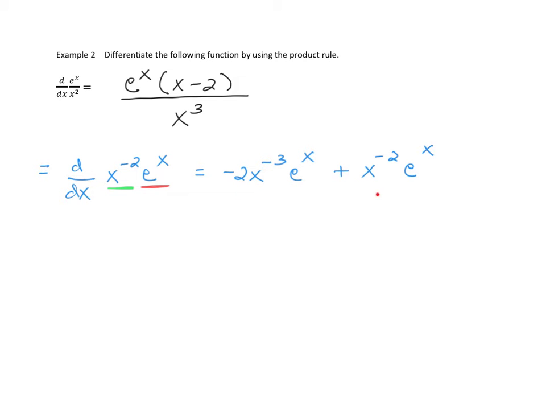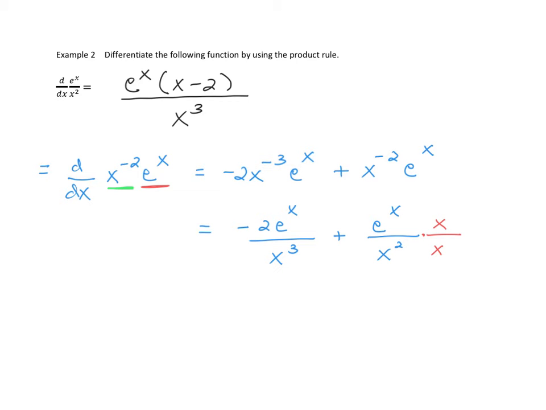The way I'll do that is by getting rid of these negative exponents. So I can change this to negative 2 times e to the x all over x to the positive 3. And then here I have e to the x over x to the positive 2. I want a common denominator. So essentially, I'm going to multiply this by x over x.